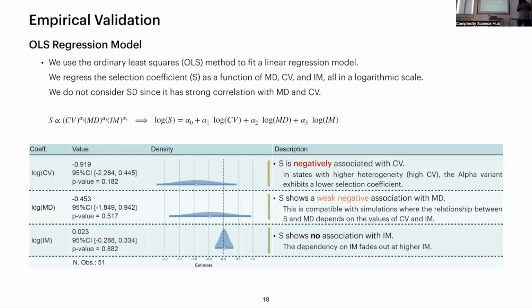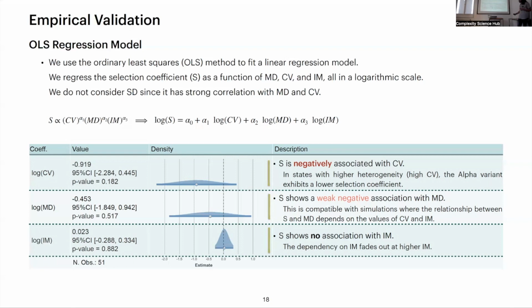That depends on the level of immunity and MD, and we know in real data, each state has its own immunity and mean degree. So for some groups of states, we may have a positive value, and for others a negative value. So overall, we have a weak negative, but with a higher confidence interval.